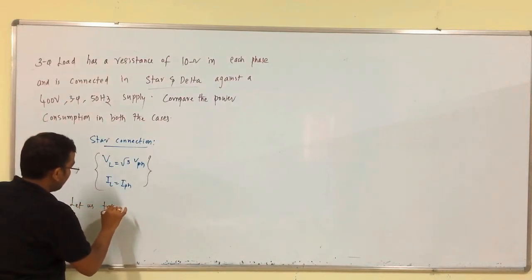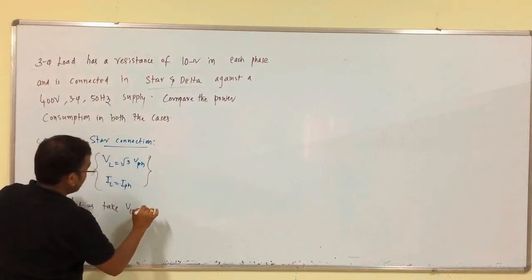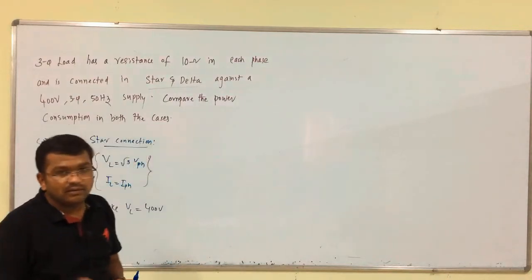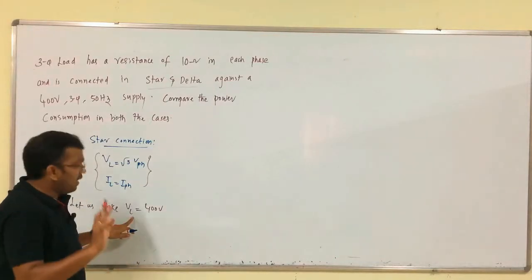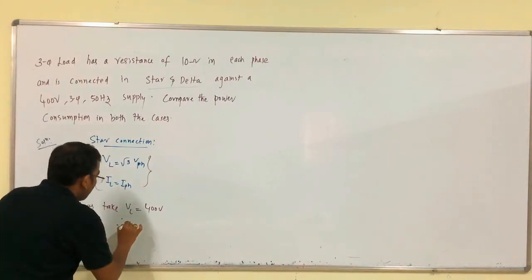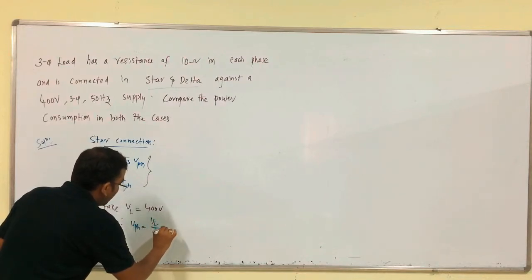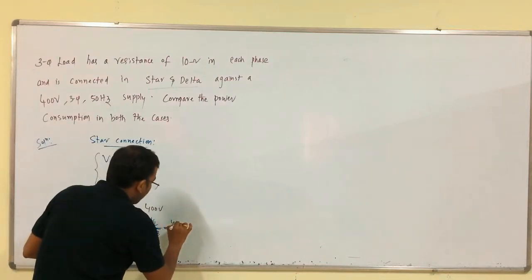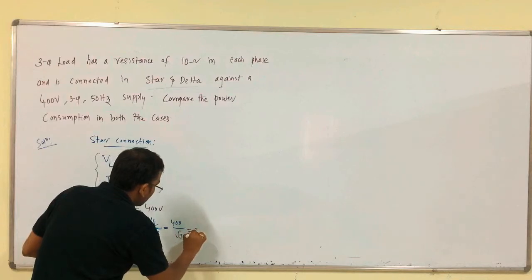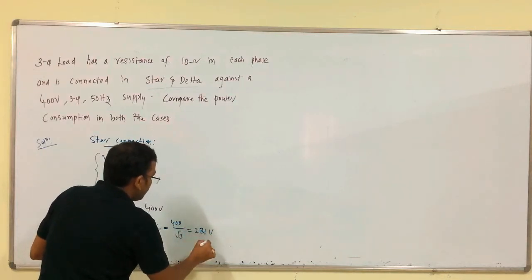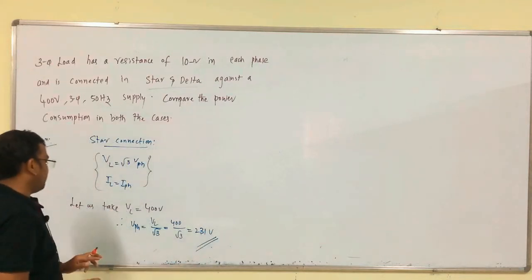VL is nothing but 400 volts. If nothing is mentioned, we have to take it as line voltage. Therefore, phase voltage is VL by root 3, which is equal to 400 by root 3, which is equal to 231 volts. 231 volts is nothing but phase voltage.